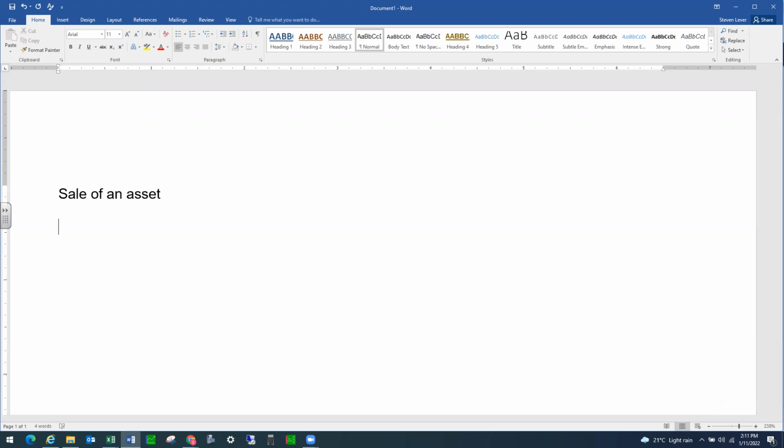Let's say we buy a machine for, say, $1 million. Let's use some nice round numbers. It's a new machine, so we're going to write it off at 40, 20, 20, 20.